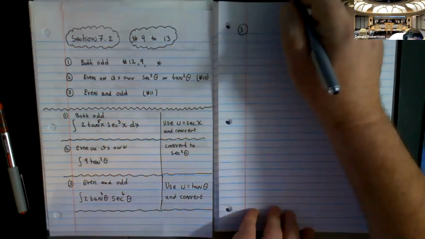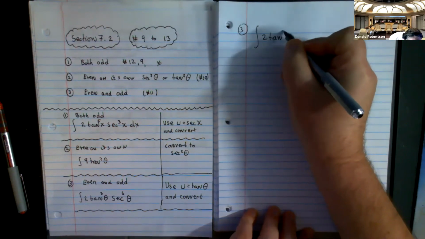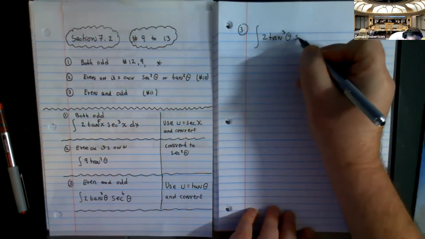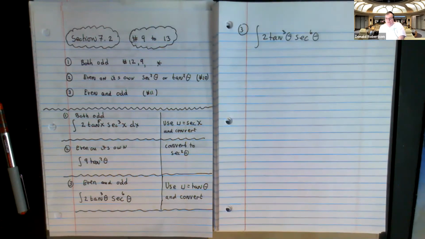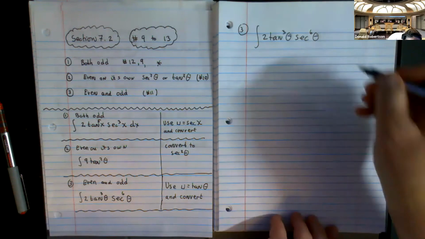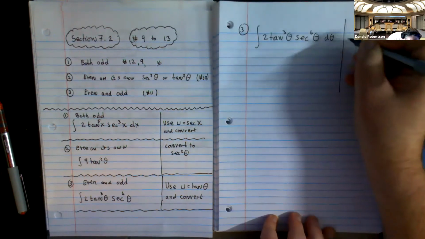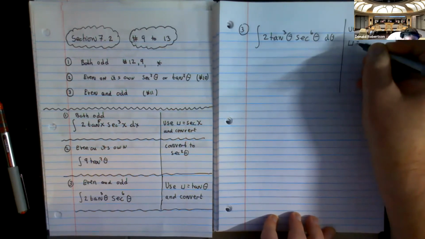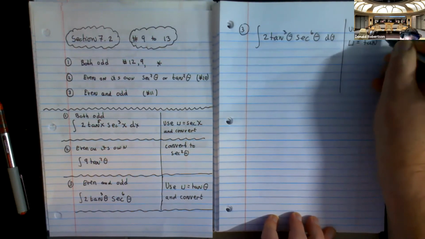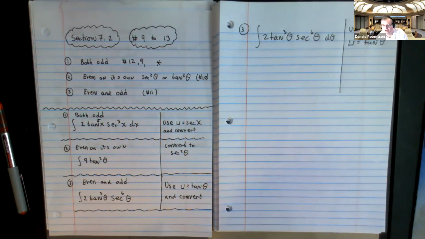And in this case, you've got an odd power of tans and an even power of secants. And when you have that combination, you're going to use a u sub, and you're going to use tan theta, and then you're going to do conversions to finish with.